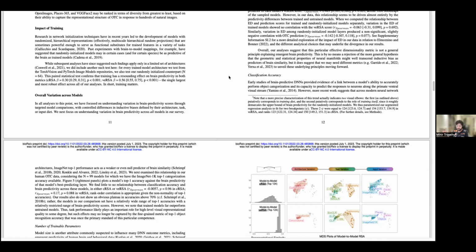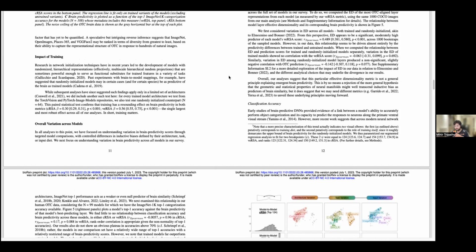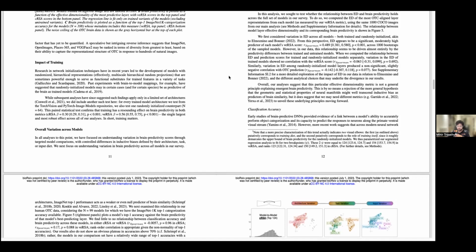Even when these authors compared models scoring in the top 1% of ImageNet 1K, there was little to no correlation between classification accuracy and brain predictivity.